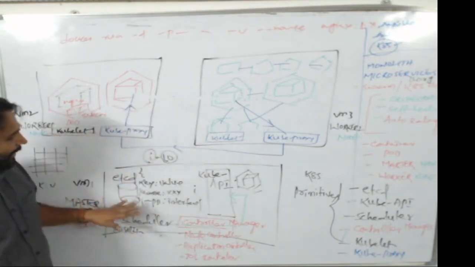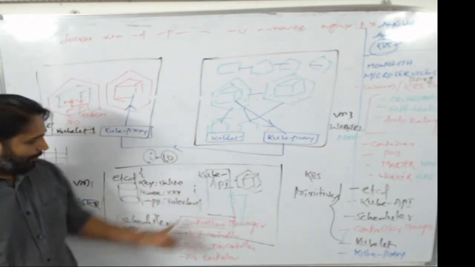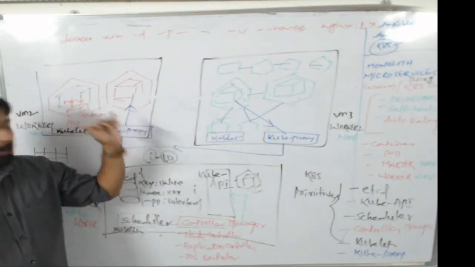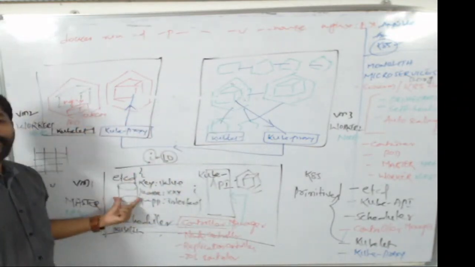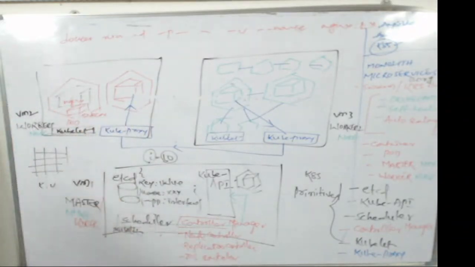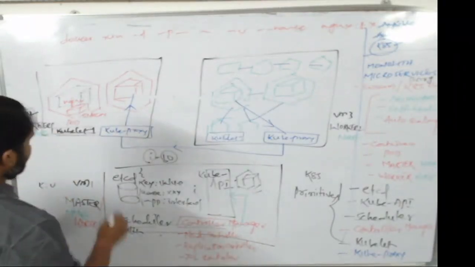Every component is monitoring etcd through API. The components do not talk to each other directly. They always talk to each other through the etcd. So what you have, this keyword is really important. On etcd is a desired state of Kubernetes.